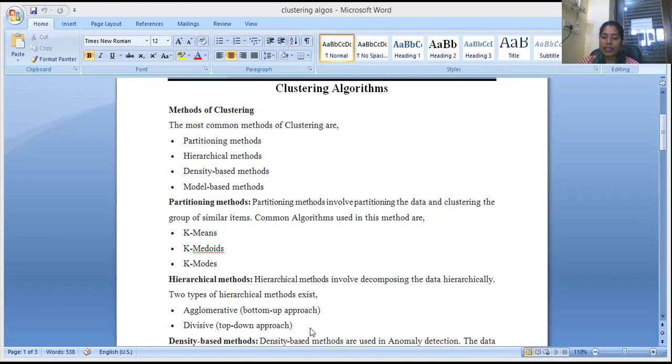So: prepare the data, create a similarity matrix, run the clustering algorithm, and after that interpret the results and adjust them.